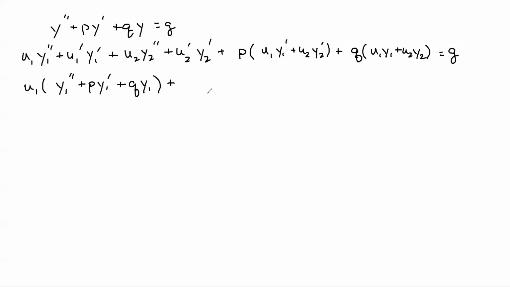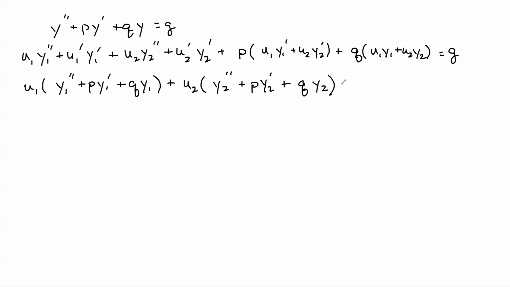And then we're also going to have u2 do the same thing. So we have u2 y2 double prime, plus p y2 prime, so that's from right here, and then we'll also have q y2 from right there.